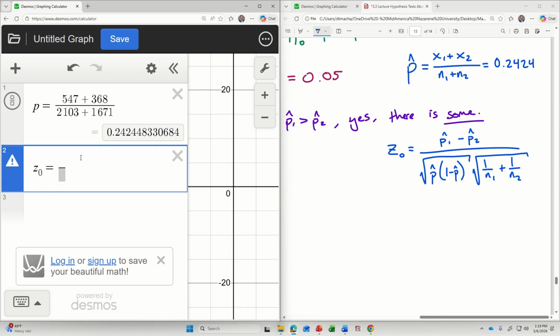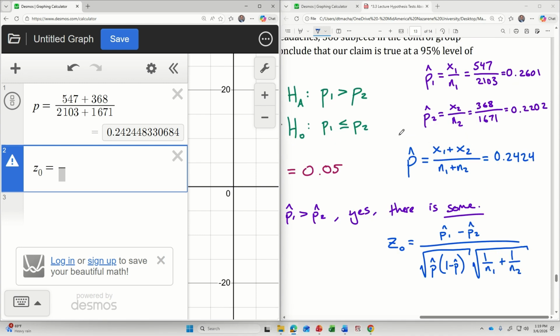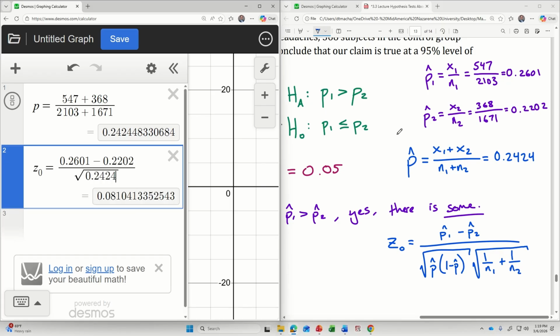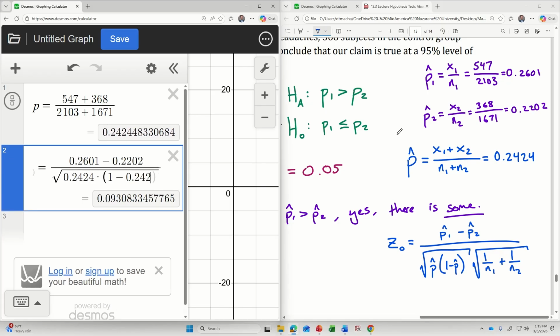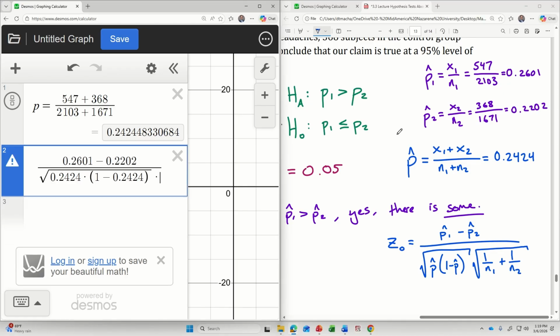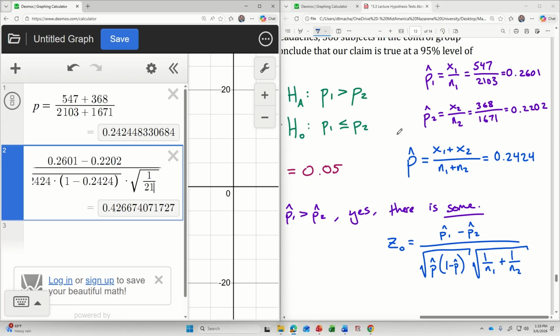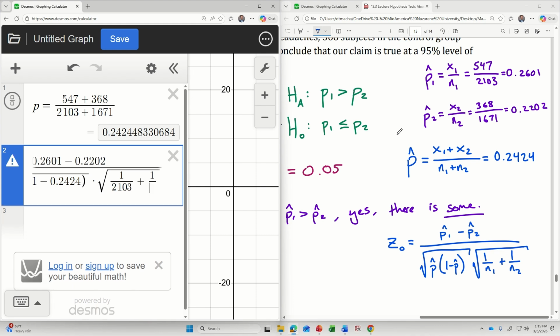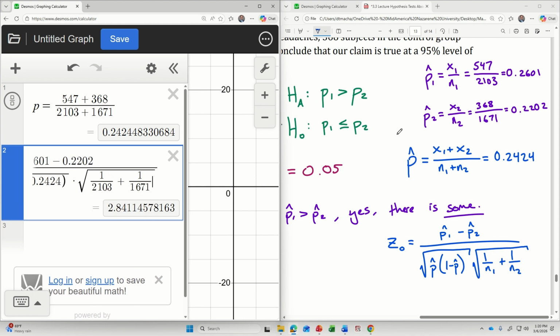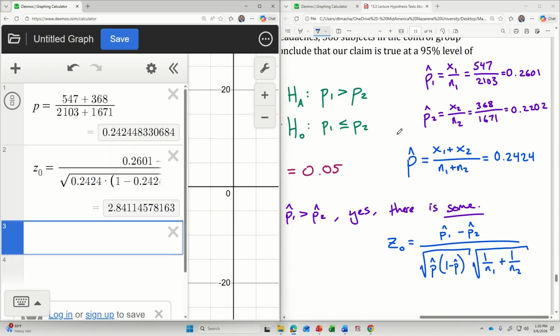And then we'll have the p1 hat 0.2601 minus the p2 hat 0.2202 divided by the square root of that pooled fraction, which is 0.2424 times 1 minus 0.2424, and then we multiply that by another square root of 1 divided by the n1 sample size, 2103, plus 1 divided by the n2 sample size, 1671. And so my test statistic is 2.841.